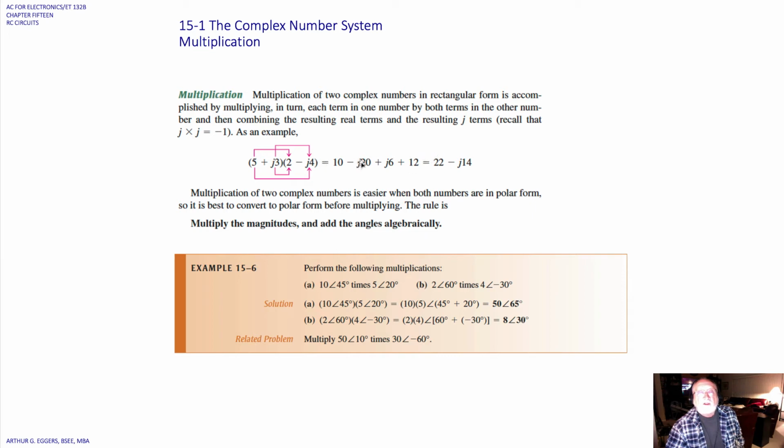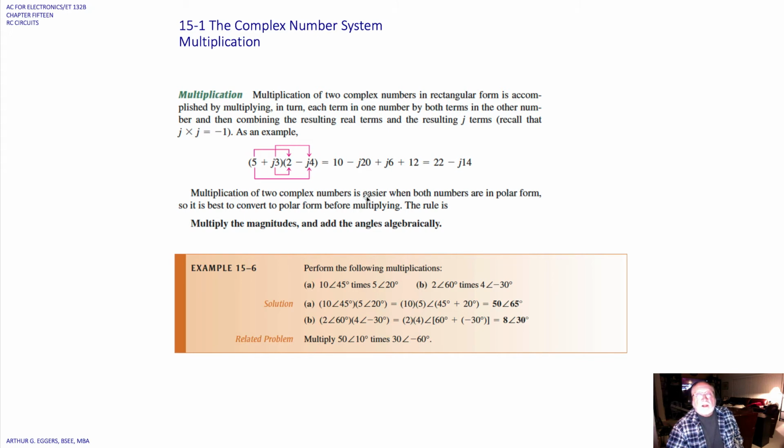Combine the j terms together, 20 and 6. So we're left with minus j14, and 10 and 12 gives us 22. So it's easier to do than to try to explain it. You're just going through and multiplying each term together and then sorting out the j terms and the real terms and combining them accordingly.